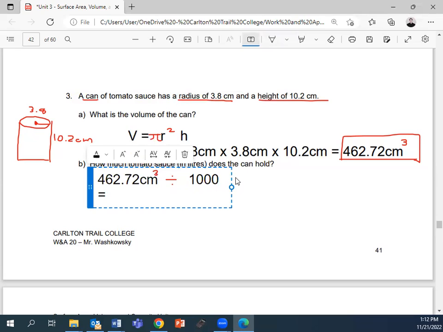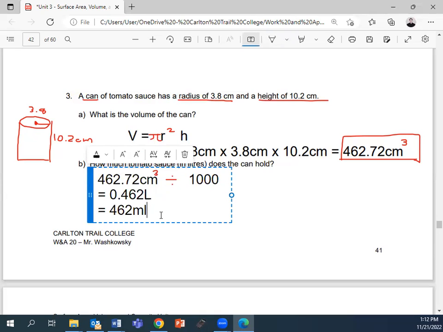And then that is going to give me 0.462 liters, which is also the same thing as, in this case, 462 milliliters.